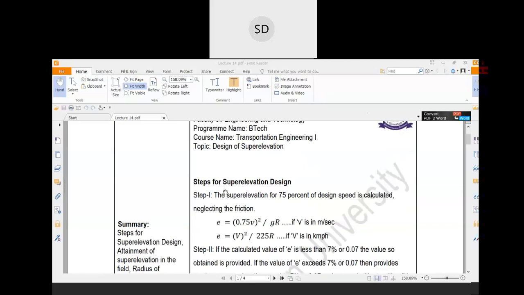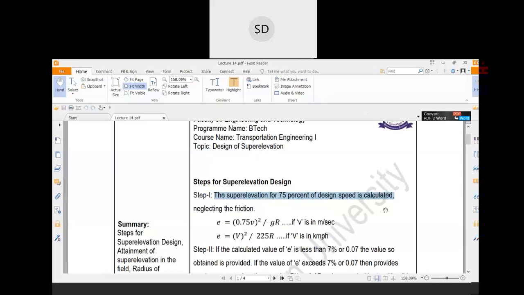Your first step is that the super elevation for 75% of the design speed is calculated. Why 75%? Because there are different types of vehicles with different speeds. If you calculate with the full design speed, the vehicles which have very low speed may face some difficulties when negotiating that horizontal curve. Therefore, to make it comfortable for each type of vehicle, 75% of the design speed is used.